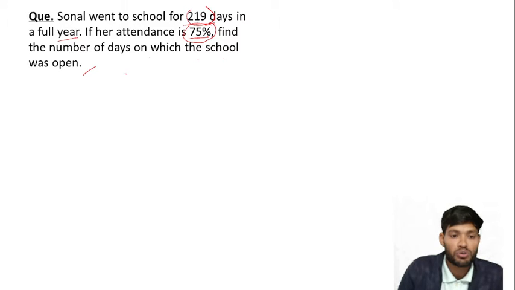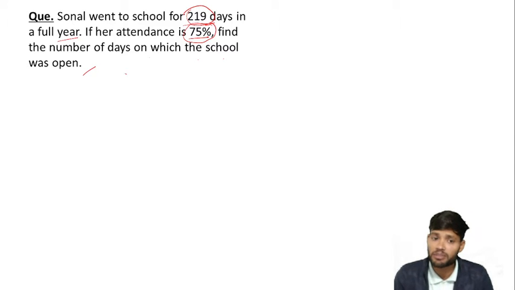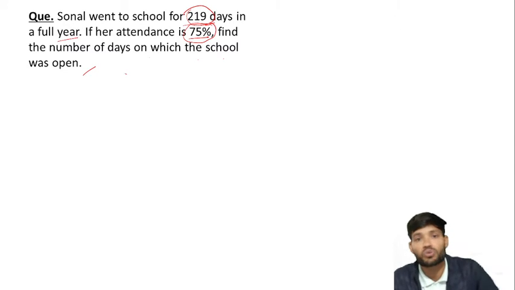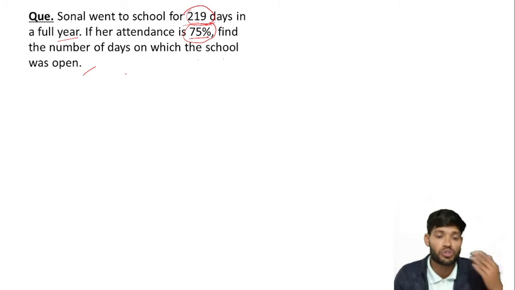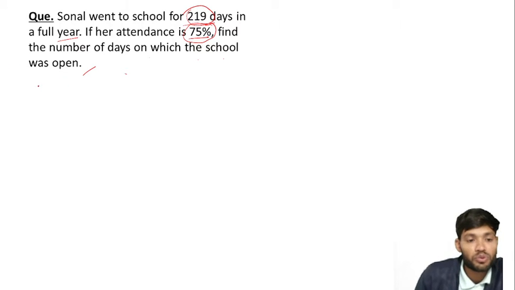That means Sonal goes to school for 290 days, which is 75% in percentage. So we have to find the 100%, because 75% is equal to 290, and the total days the school was open is 100% in itself. So what will we suppose? Solution.